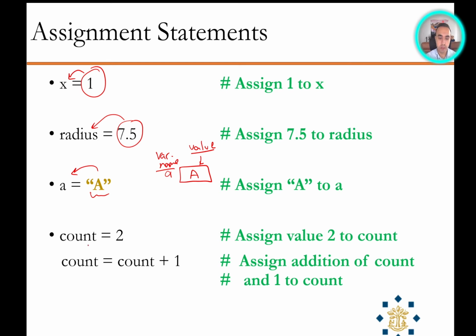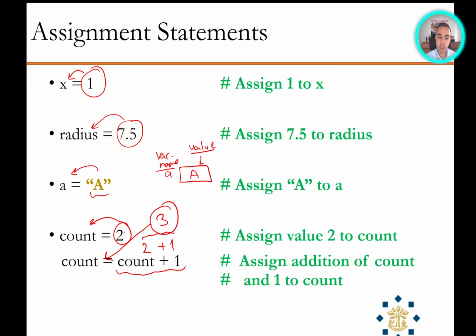And here we have a double statement. The first one is 2 assigned to the count variable. After assigning 2, what you have is count equals count plus 1. So remember, always do the right-hand side expression calculation first. The count is now 2. 2 plus 1 is 3, and the new value of count becomes 3.